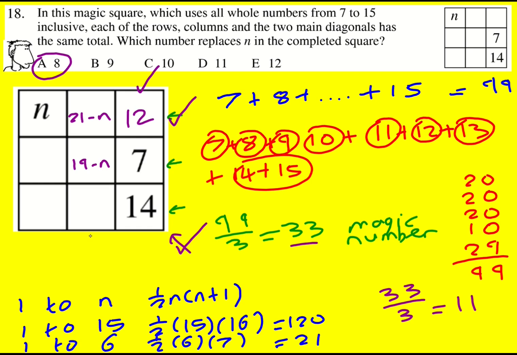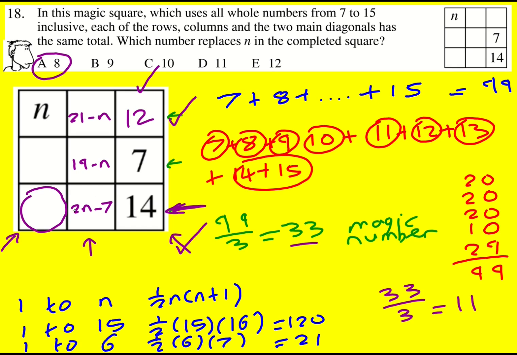Okay, now if I look along this column, I've got 40 minus 2n. So this must be 2n minus 7. And then here I've got 7. Sorry, this one here, I've got 7. Actually, I've just noticed I can now find this one in two different ways. I can look along the diagonal and along this row.